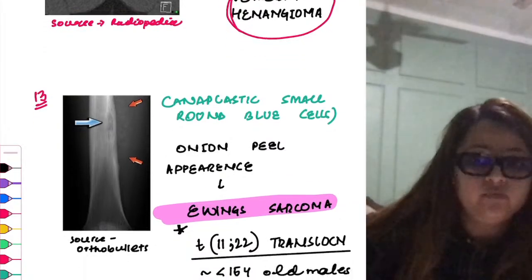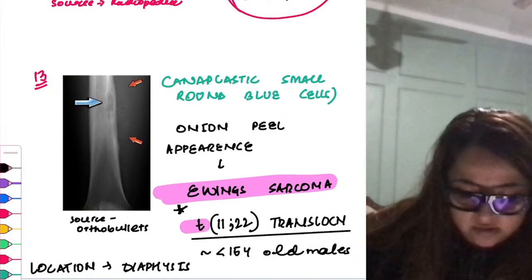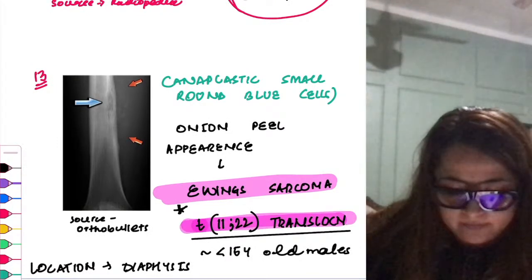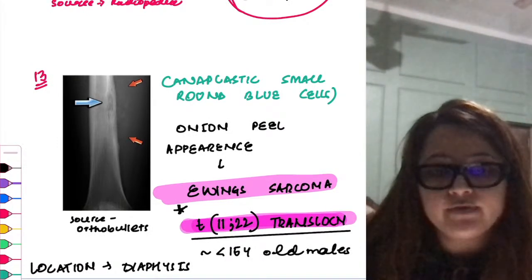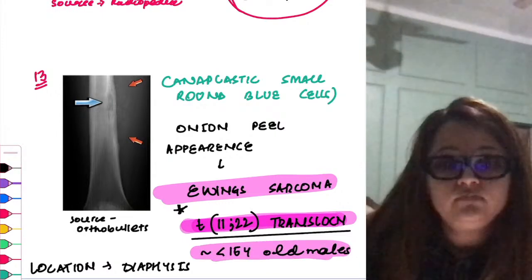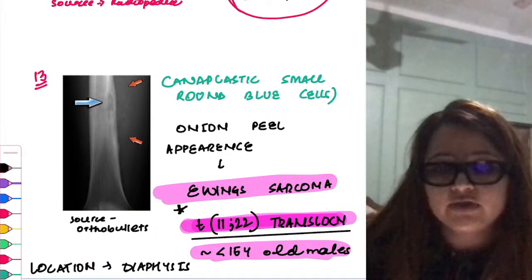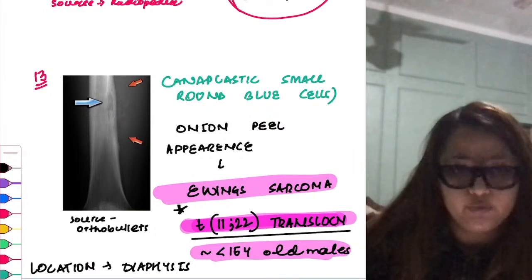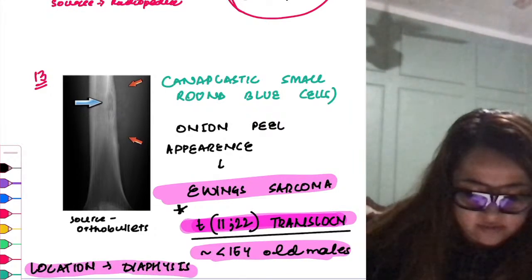Then they can ask you which type of translocation is seen in Ewing's. Your answer is t(11;22) translocation. The history of a very young male, a child, a boy, would be given to you. The location is diaphysis.